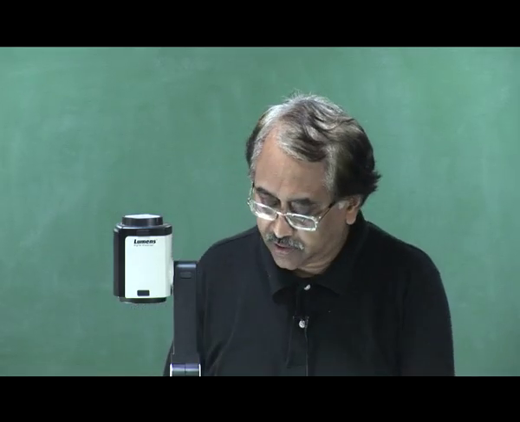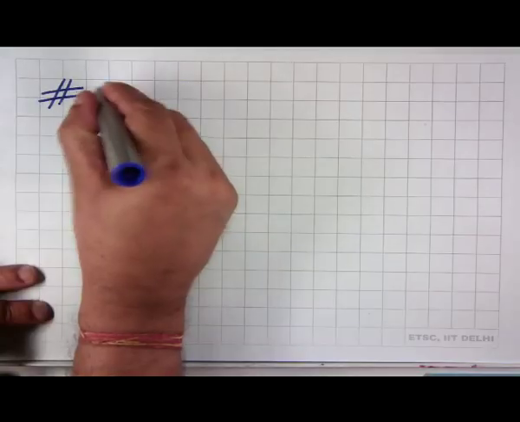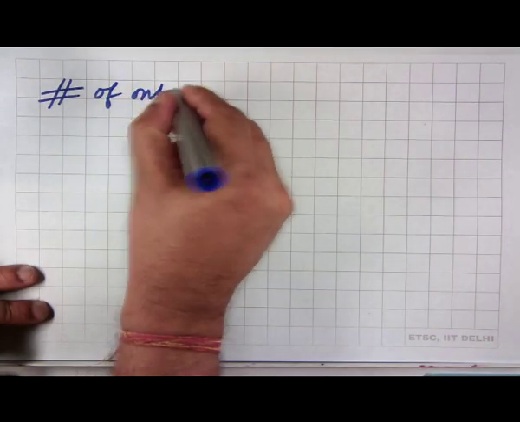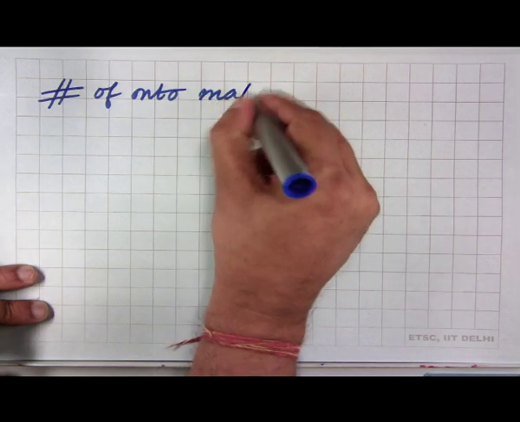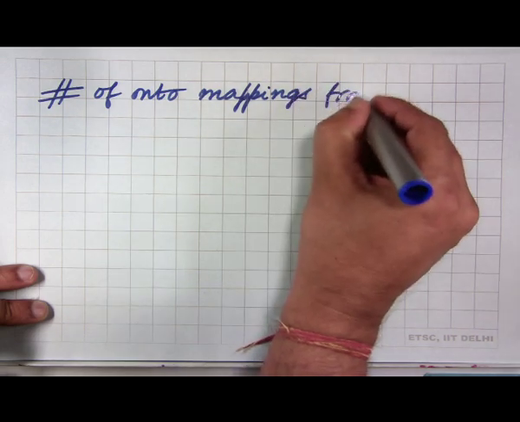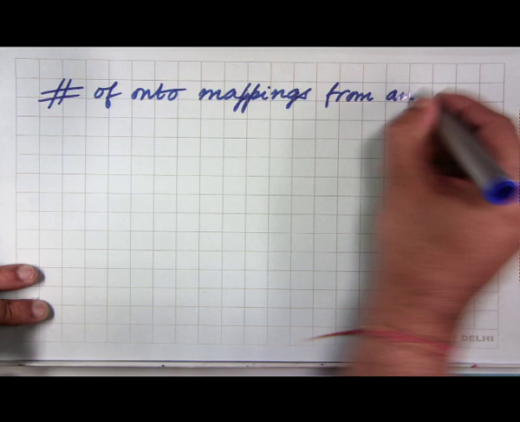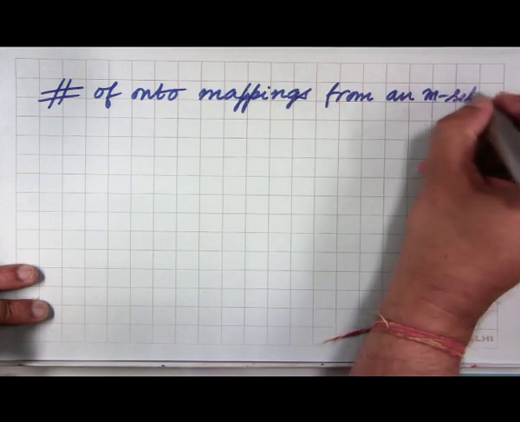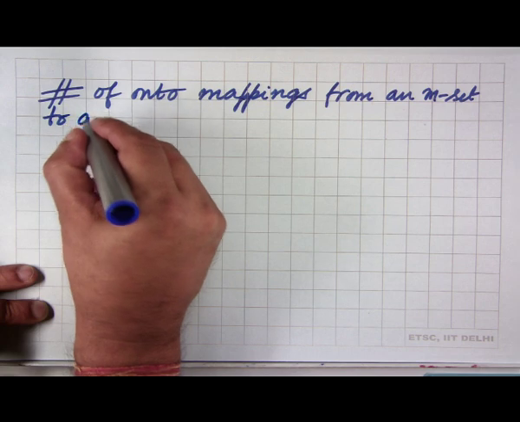Let me begin by talking about the number of surjections, number of onto mappings, from an M set to an N set.